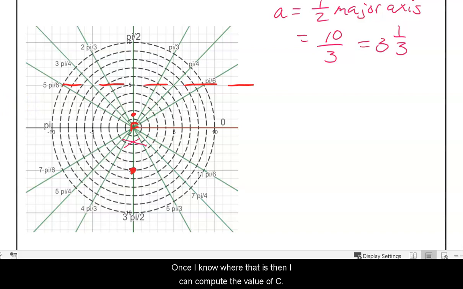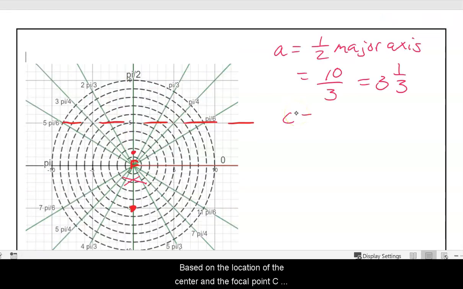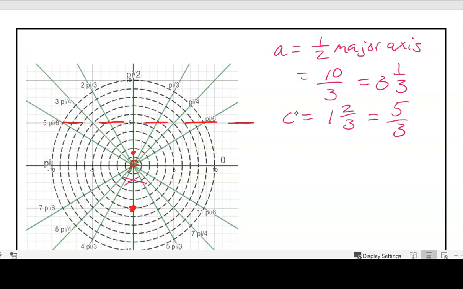Once I know where that is, then I can compute the value of C. From there to the focal point, how long is that distance? Based on the location of the center and the focal point, C must be at 1 2/3, which is equal to, of course, 5/3.